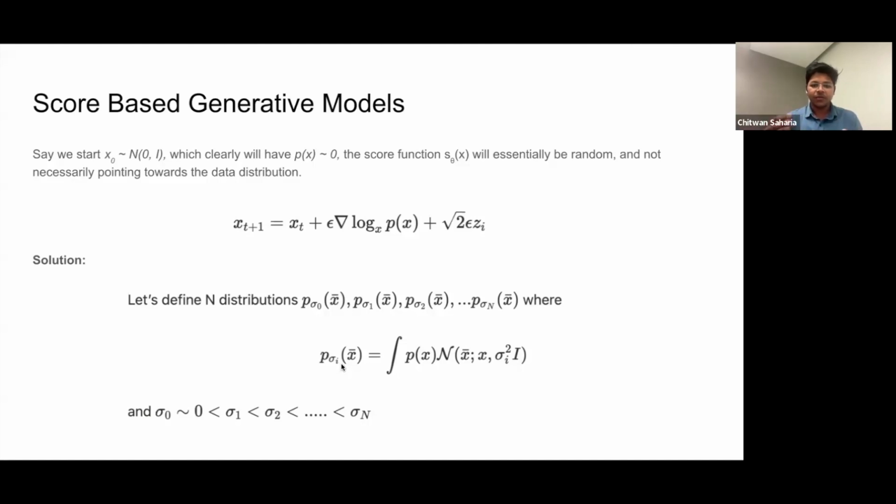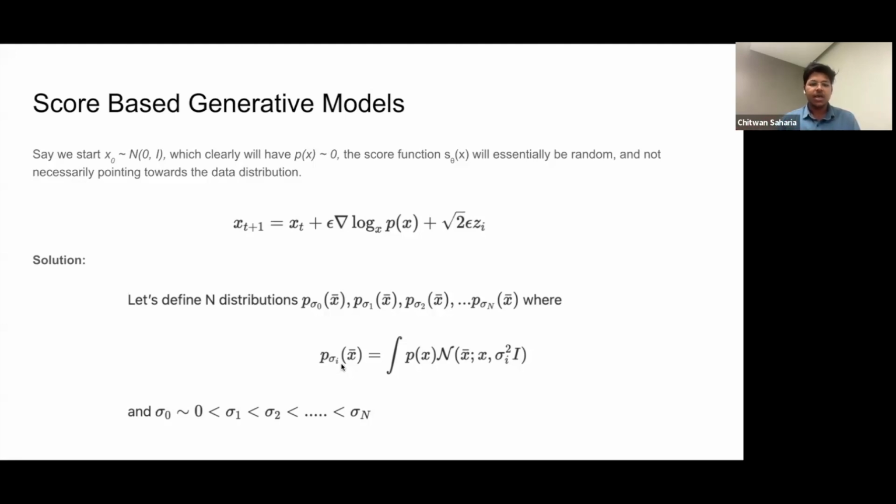It's obvious that the higher the value of sigma, the larger the support of that distribution will be. And if you choose sigma to be very high compared to the actual magnitude of the values of x, it would basically become a normal distribution, because you can ignore the mean there.